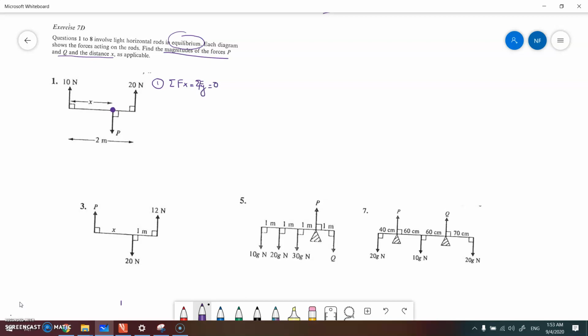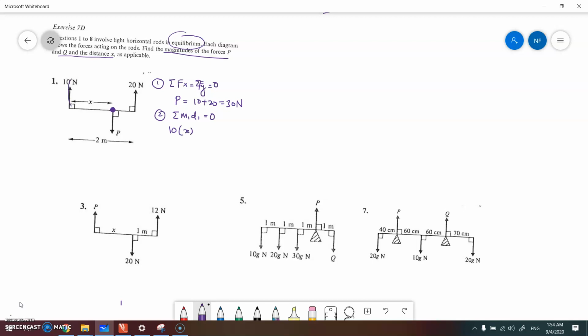So how to find P? P is directly 30 Newton. And then you know that the moment, force times distance, is equal to 0. Let's say you use this point, so you have two forces, which are 10 and 20. For the 10, the distance is x.